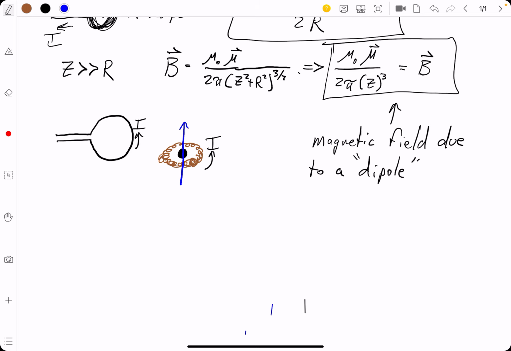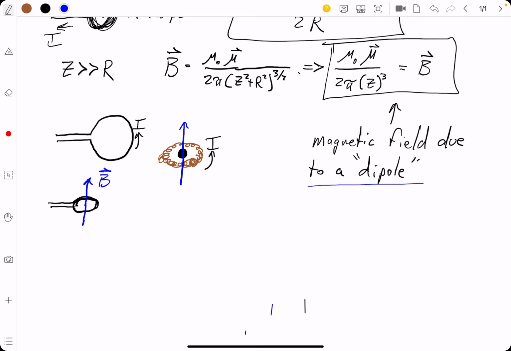If I were to draw this circle in more of a flat way, then you could see that the B field does something like that. And that B field comes from the magnetic field from a dipole.